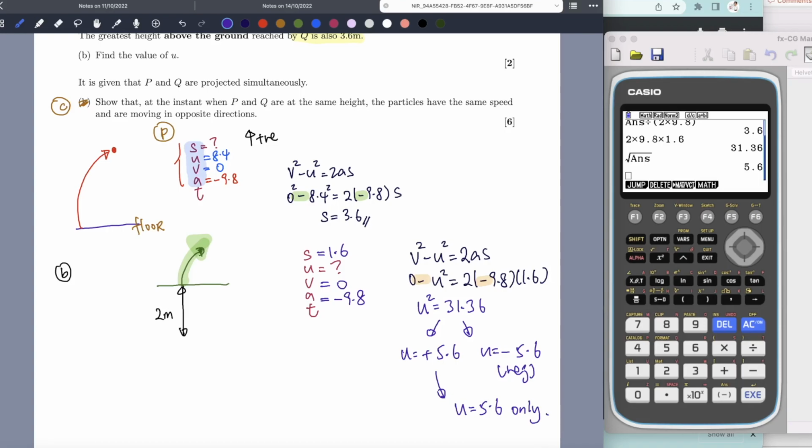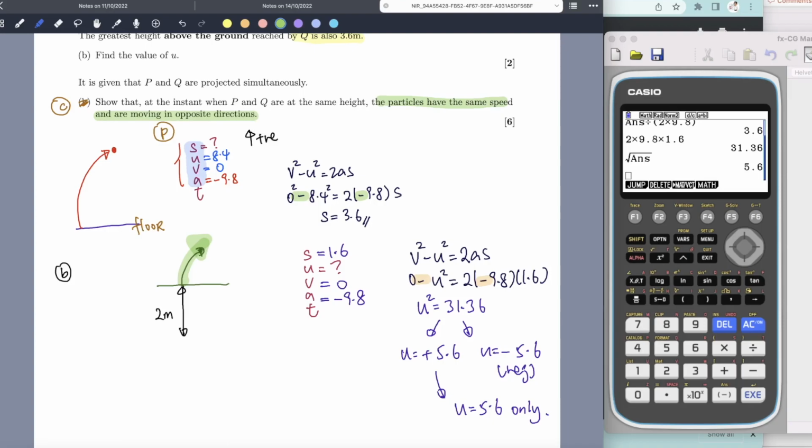But that was the prior part, because part C is a completely different question. They meet at the same time, at the same height. That is the question. What you are trying to show is the green part. The green part, you're trying to find two different things.